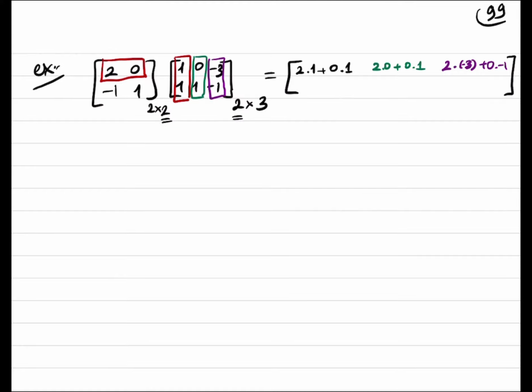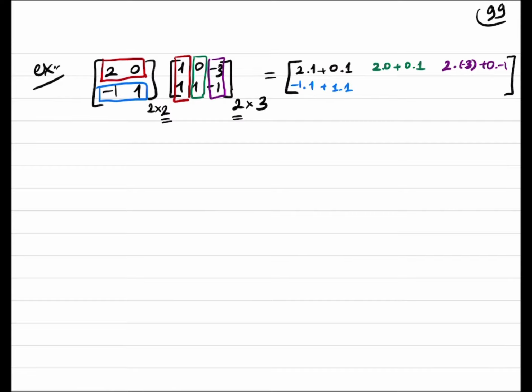Now we are going to write the second row of the multiplication. Let's do it with blue. So minus 1 times 1 plus 1 times 1. So that is second row, first column, second row, second column, second row, third column.